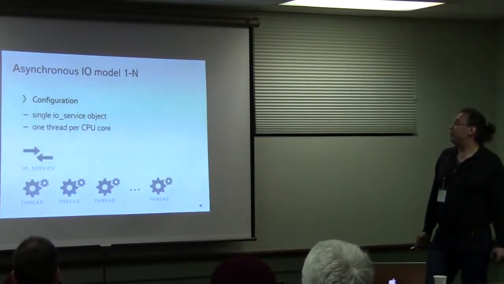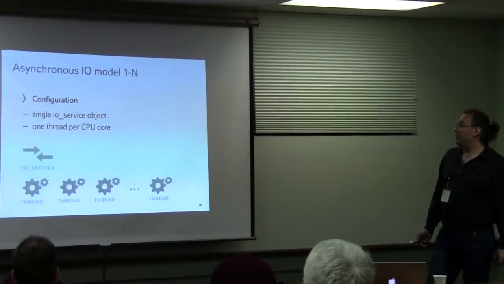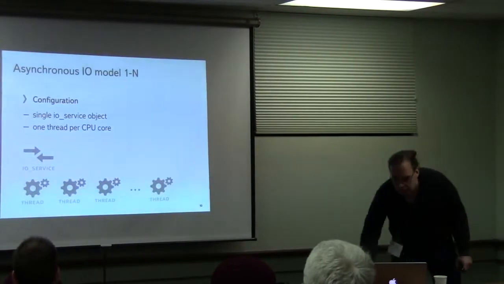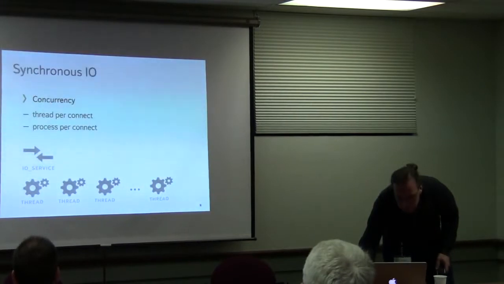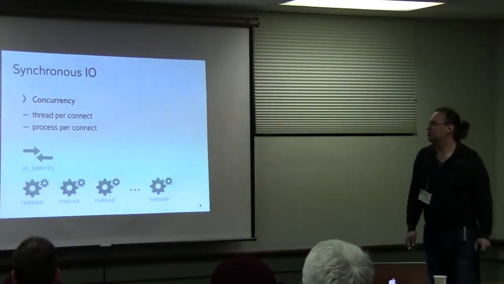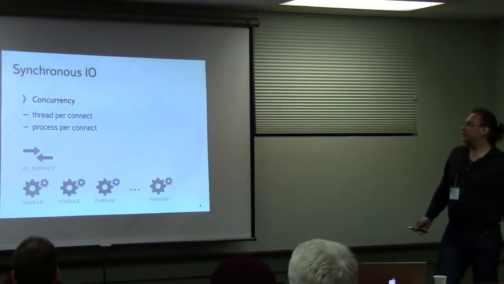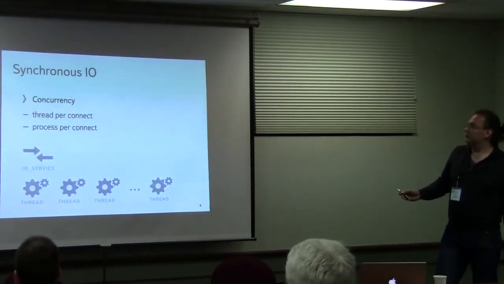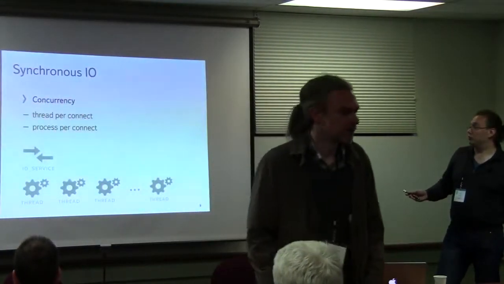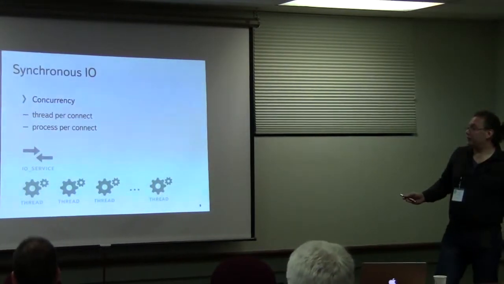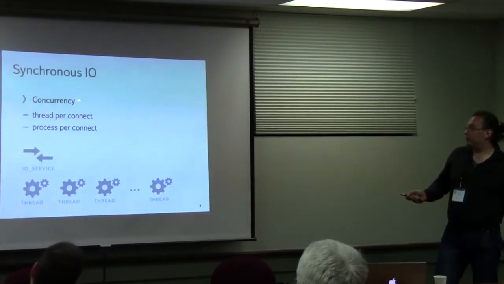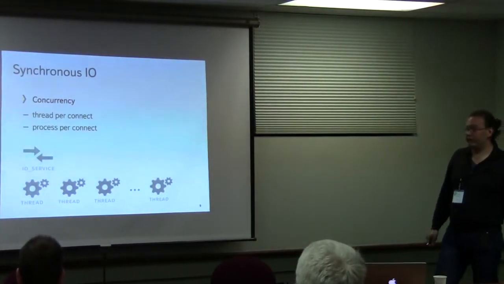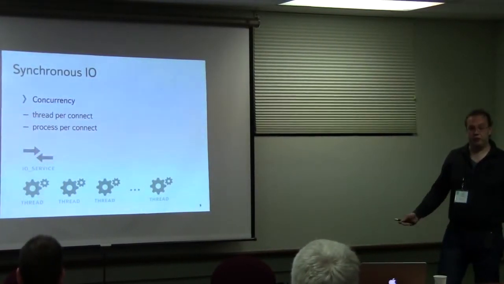This is the configuration of a synchronous input-output model. Oops, sorry, I skipped the slide. This is the configuration of synchronous input-output model. Well, we tried the configuration with thread per connect, where we create a thread for each client connection.